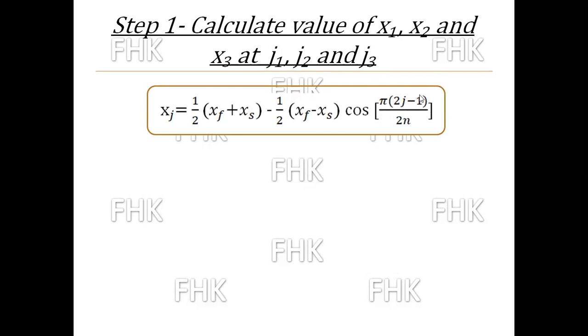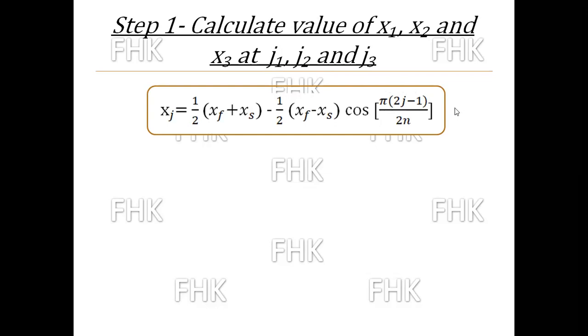So for conversion of this term into degree, I will multiply the term π(2j−1)/2n by 180/π. Conversion of radian into degree, I will multiply that term by 180/π.